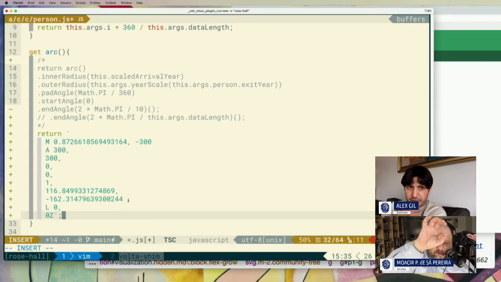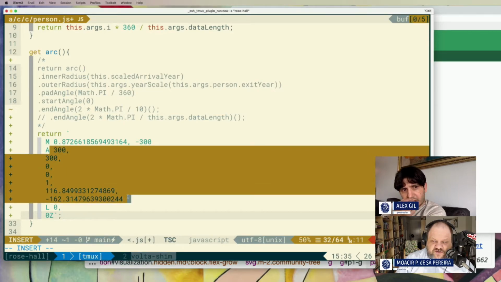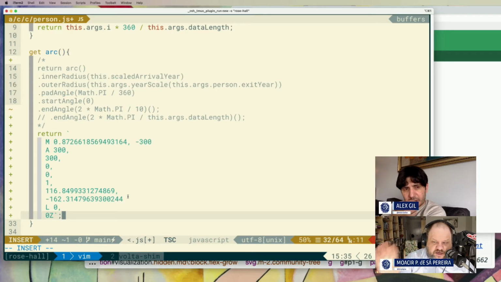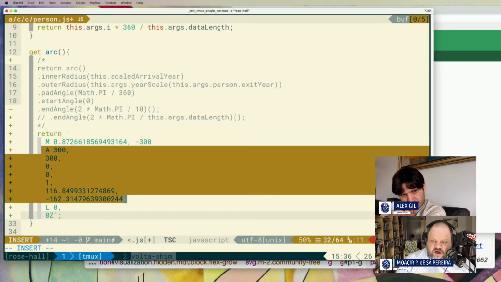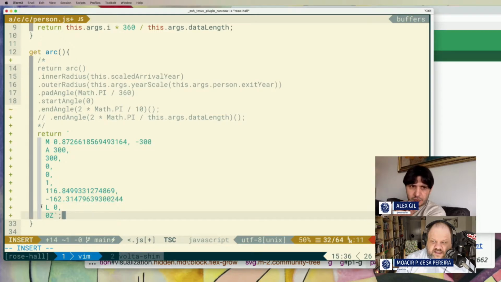Okay? It's more complicated than that, and we'll get into that in a second. This whole stack of commands is describing that arc. We'll worry about that later, I'm just explaining the structure. So move the pen up to the top. Then this is draw an arc, and then this L is from the end of the arc, draw a line to 0, 0.